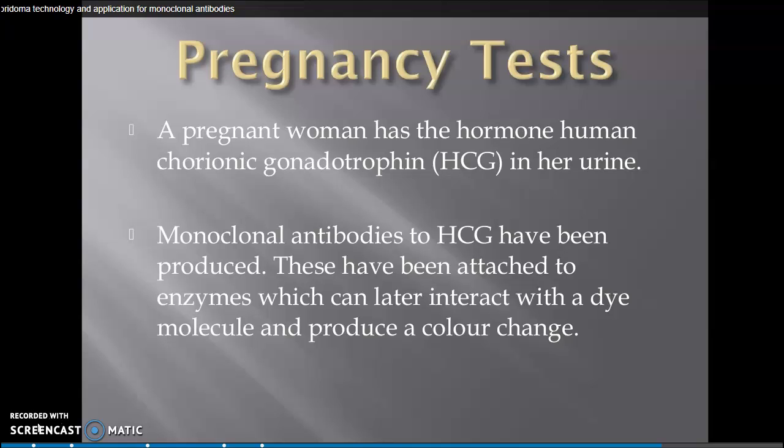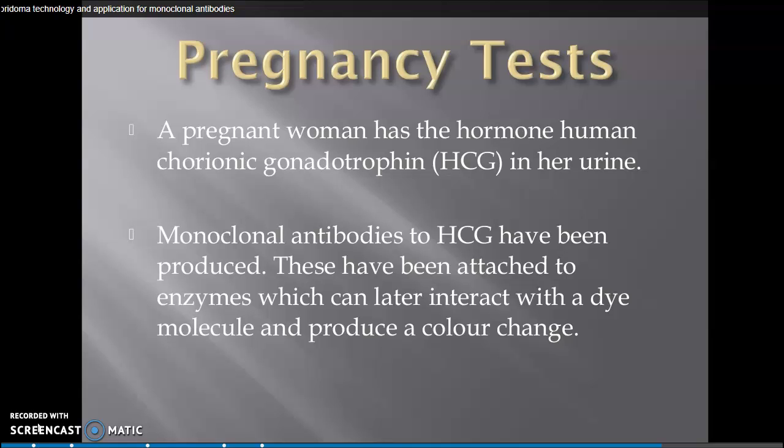If a person's urine is added into that kit, and it runs, if the urine has HCG, that will, within minutes, interact with the monoclonal antibody of HCG immobilized in a single line.